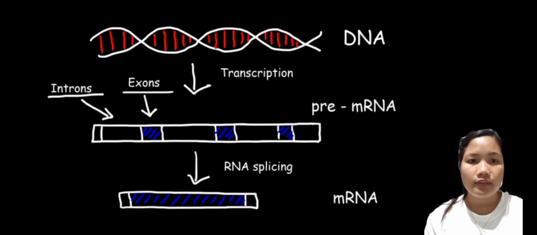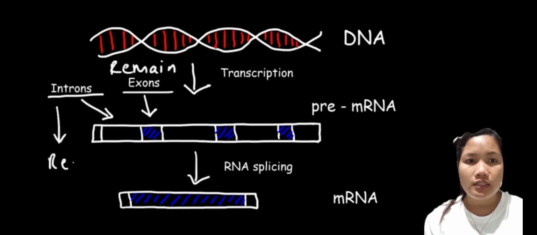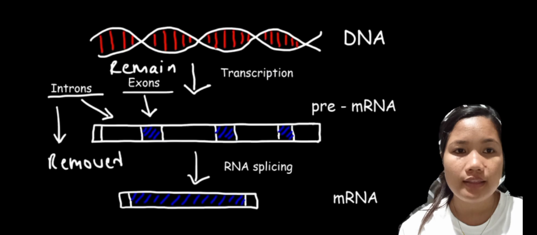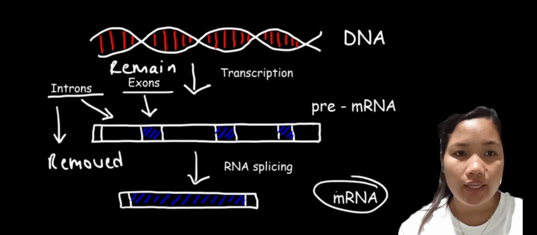The exons are shorter sequences of nucleotides, and they are going to be used to synthesize proteins. So the exons remain, but the introns must be removed, and now we have a completed messenger RNA strand.